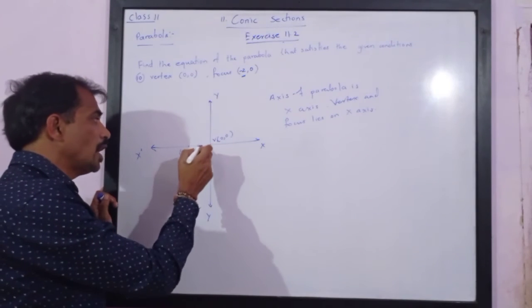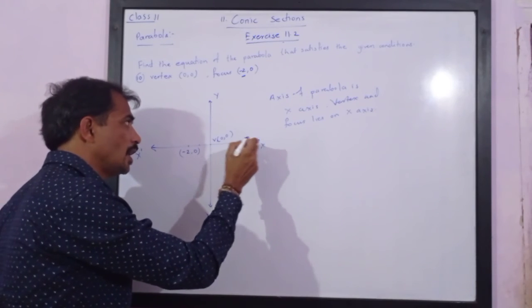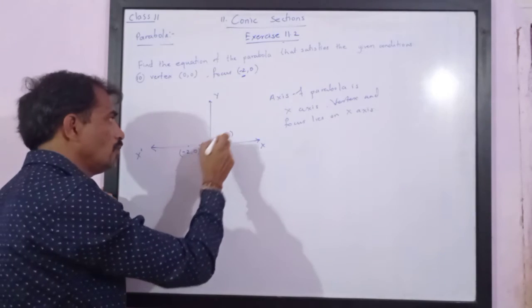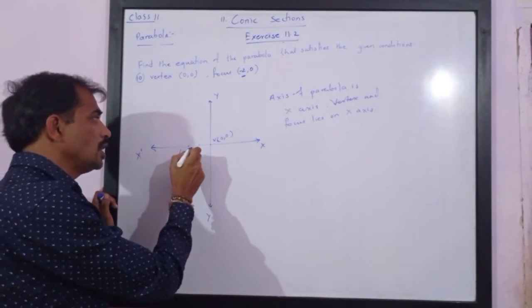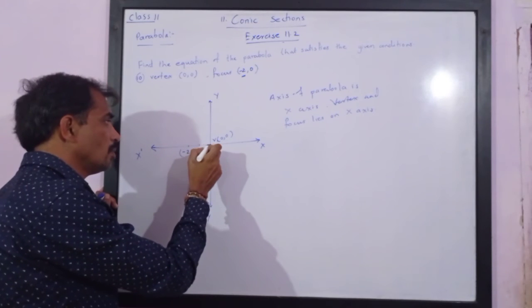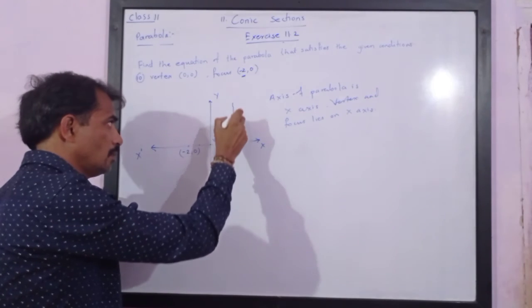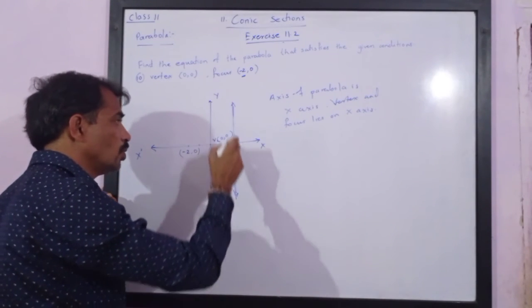Now if the axis is this x-axis, then we know that the directrix is perpendicular to the axis of the parabola. So it will be perpendicular to the x-axis, and please note it is equidistant from the vertex. So you will get the directrix something like this, which is parallel to the y-axis.